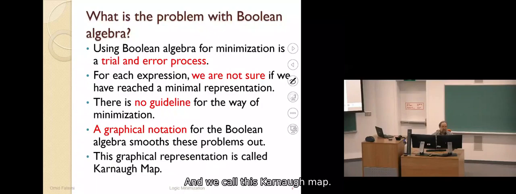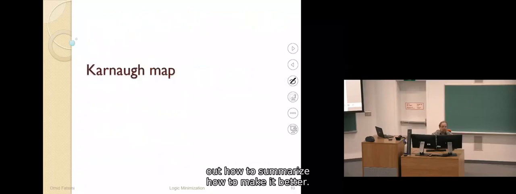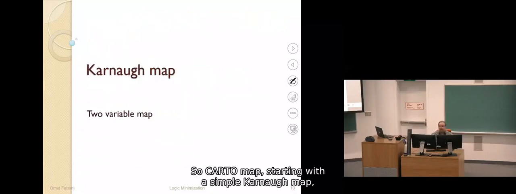And we call this Carnot map. Carnot was the one who presented this method, and the visual representation is a map, like a map that we could look at and find out how to summarize, how to make it better. So Carnot map.